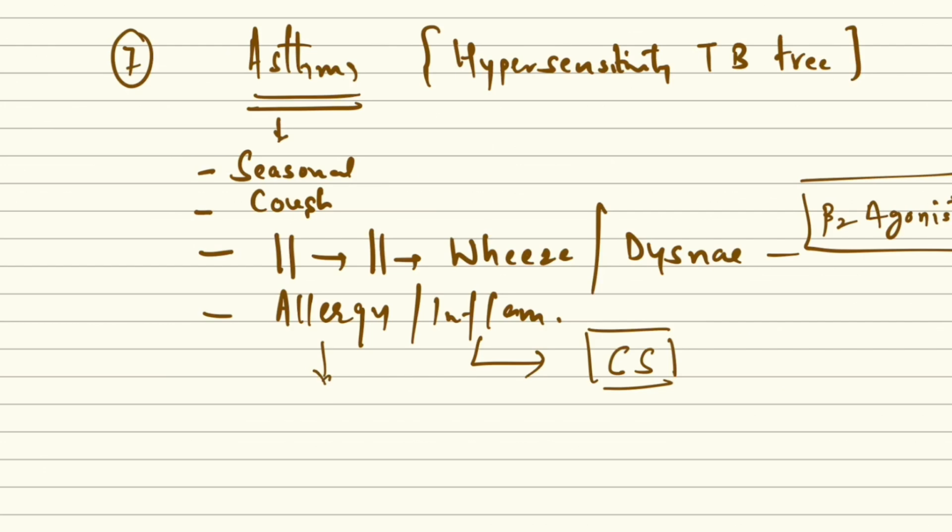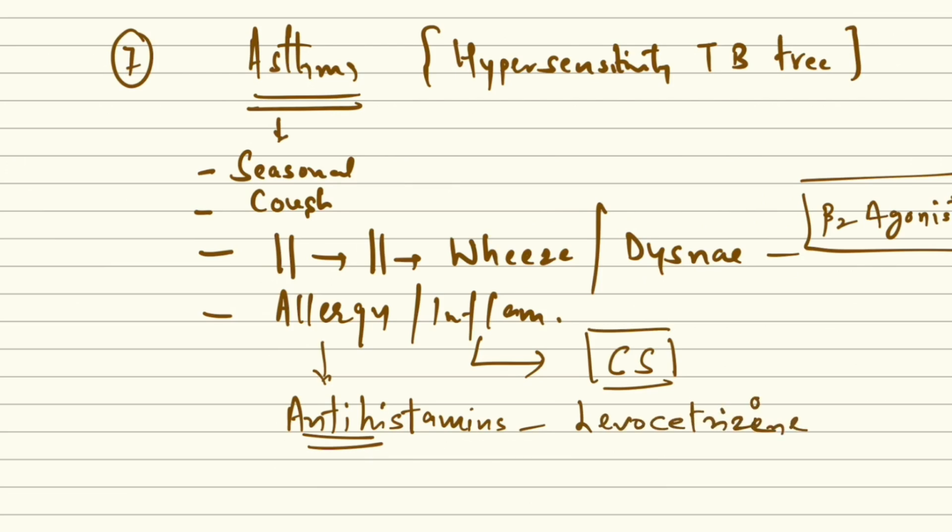For allergy, since a lot of histamine is produced, we will give antihistaminics to the patient like levocetirizine. So in this way, the cough in patients of asthma will be treated.